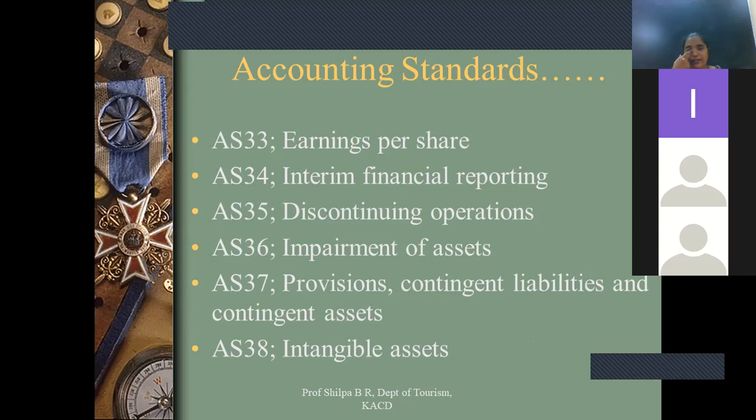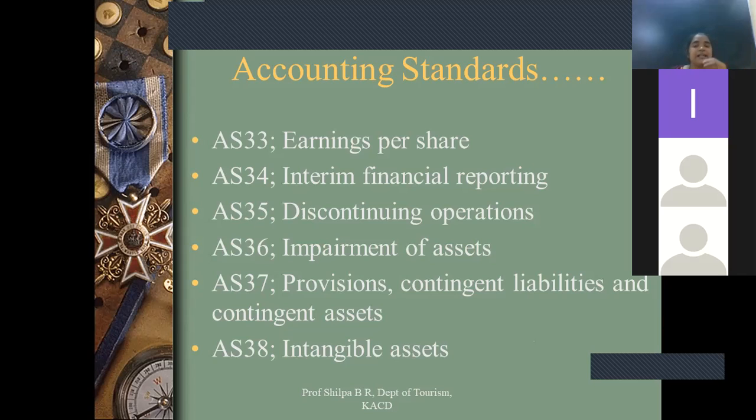Next, accounting standard 34. This is interim financial reporting. Now, interim means it's like an interval. Okay, so we have our academic year, say financial year from April to March. So in between, whenever the management needs, or in between the projects, we make reports so that you can know the status of our company, how it is making profit, how much money is in debt, how much we have to pay back, what is the sales revenue.